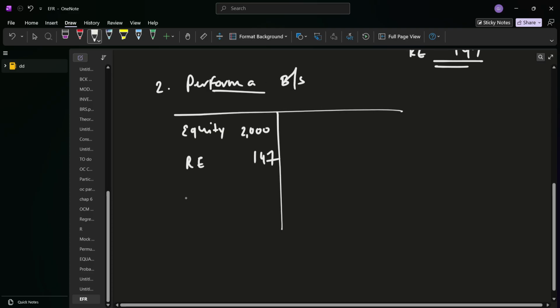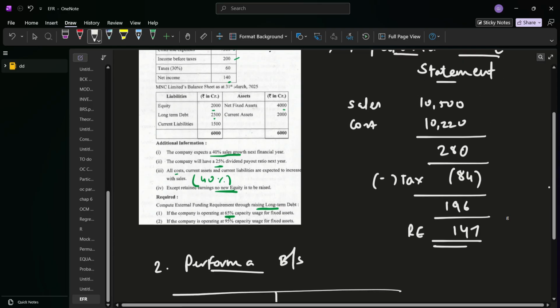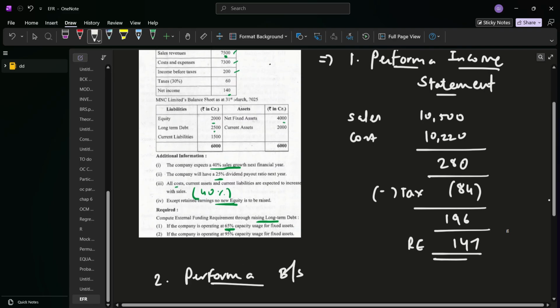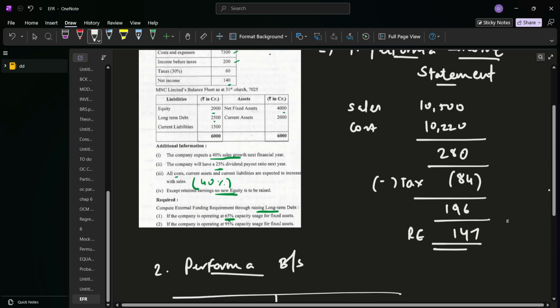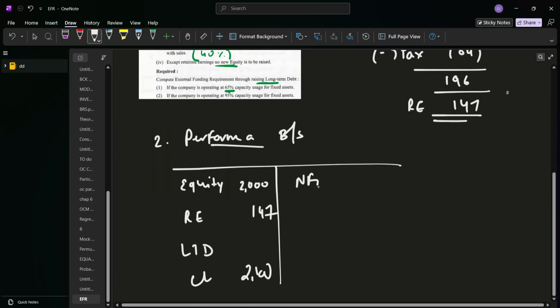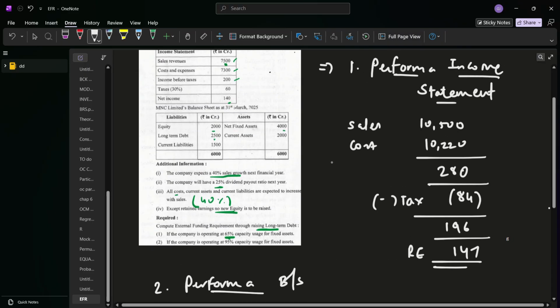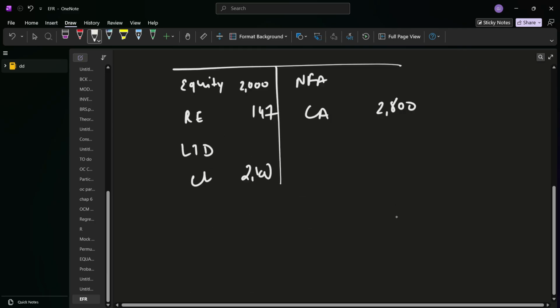Okay. Then we have long-term debt. We have current assets and current liabilities. Remember, they are also going to grow accordingly with the sales. 1,500 into 1.4, 2,100. The net fixed assets, current assets, 2,000 into again 1.4, 2,800.